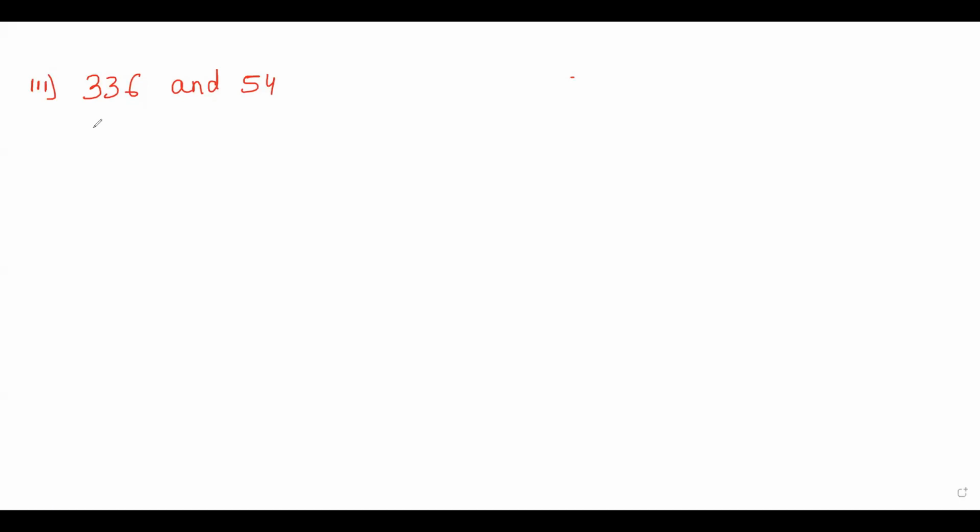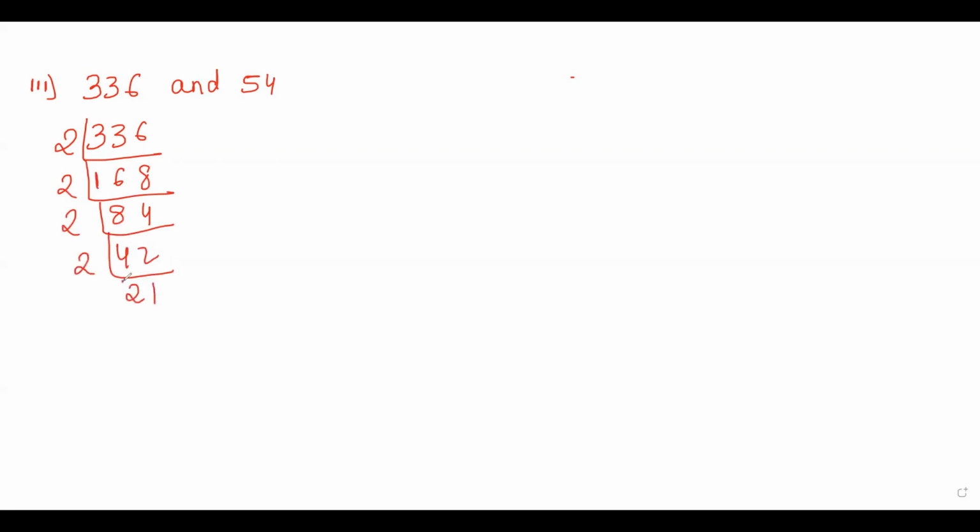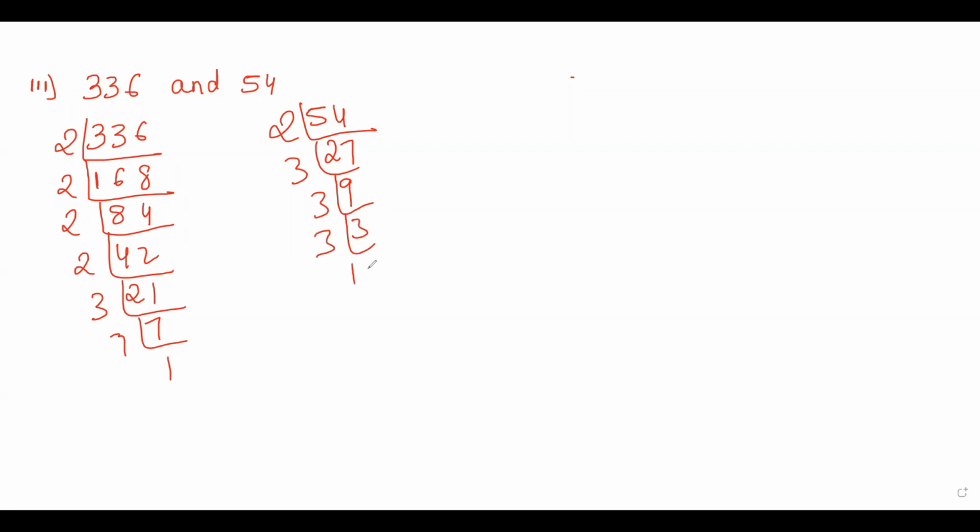So let us factorize 336. 2 ones are 2, 2 2s are 4, 2 4s are 8, 2 8s are 16... 2 21s are 42, 3 7s are 21, 7 ones are 7.